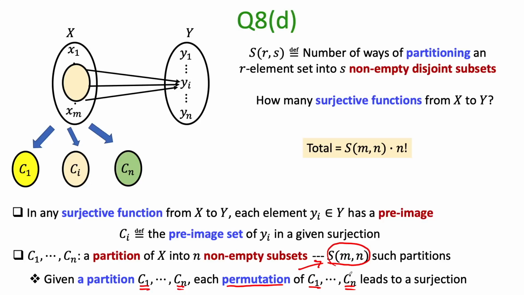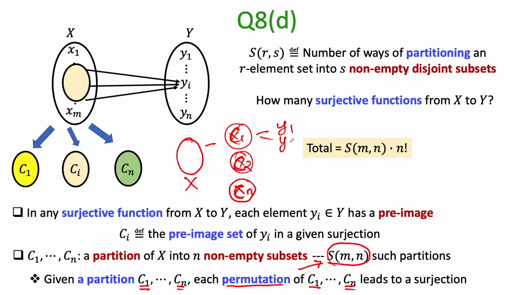What I am trying to say is, you have divided your set X into subsets, here I am calling them C1, C2 and Cn. Now C1 could be the preimage set of either y1, or it could be assigned as the preimage set of y2, or of yn.